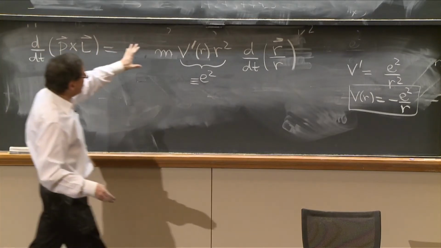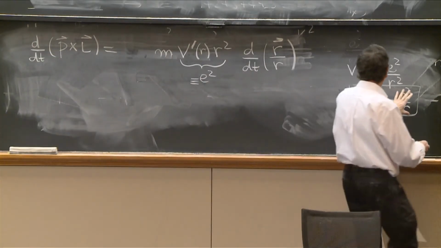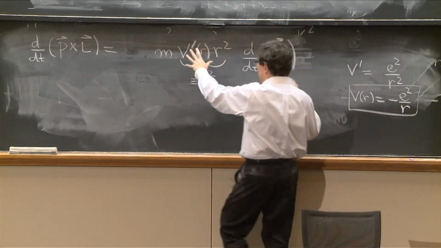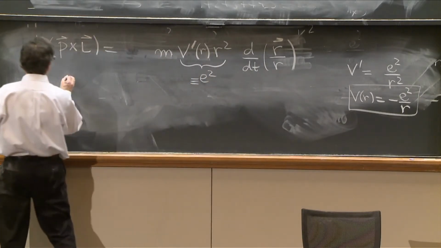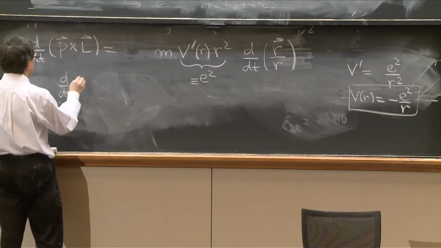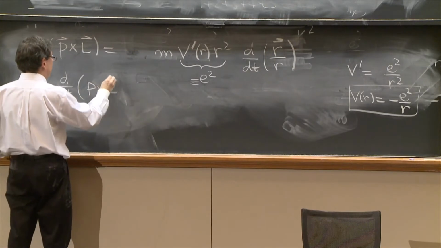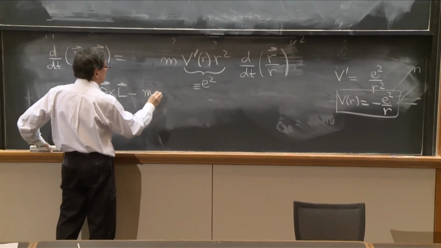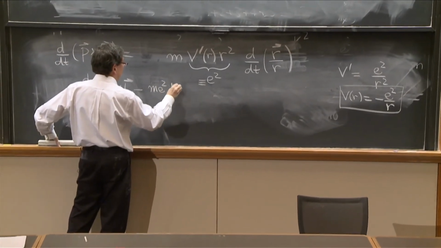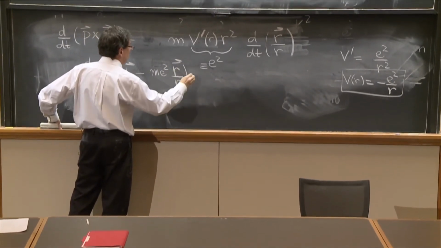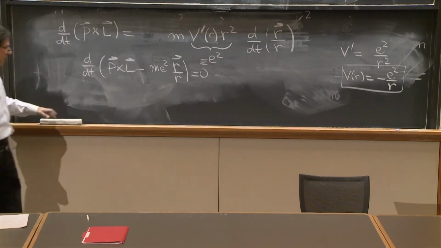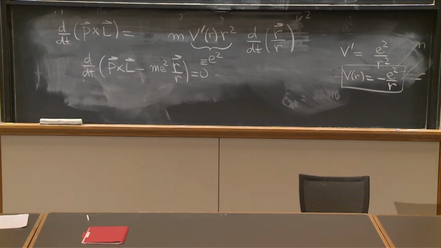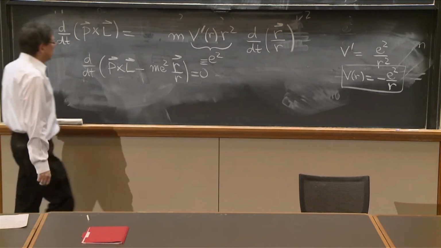So in 1 over r potentials, this is a number, and then you get an incredible conservation law: d/dt of P cross L minus m e squared r hat over r is equal to 0. So something fairly unexpected, that something like this could be conserved.